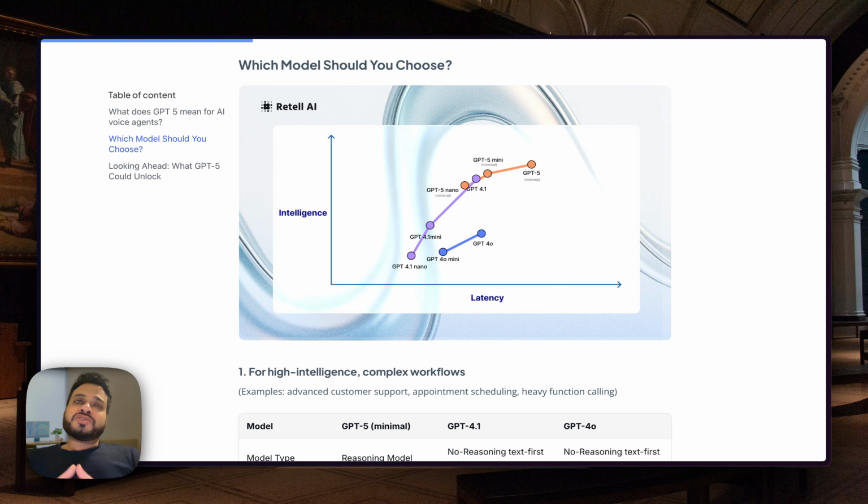Let's say a user is trying to order something and he has already placed the order on the phone. Can the user cancel it? Can the agent go back on the prompt? And can the agent retain all of that context going back and forth 2 times, 3 times? That is the true test of intelligence. And if GPT-5 can do that with low latency, it will be welcomed by everyone.